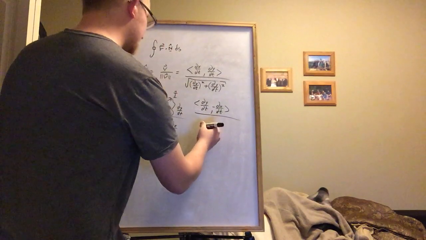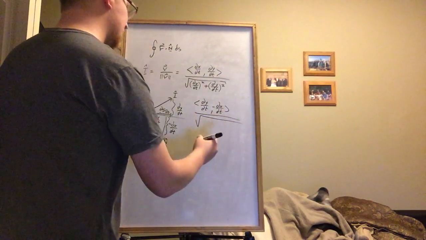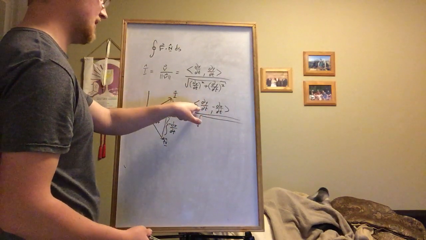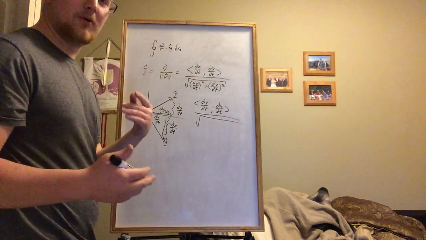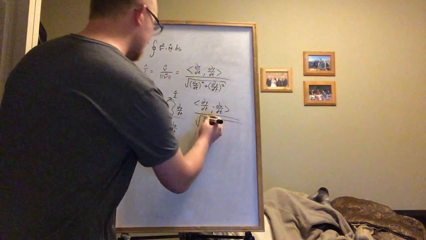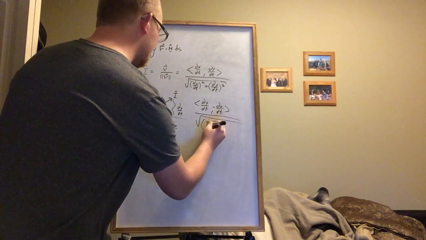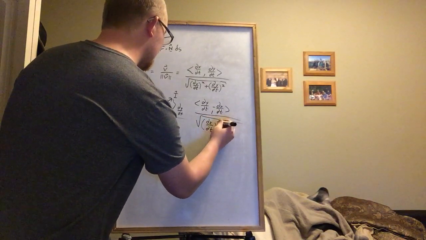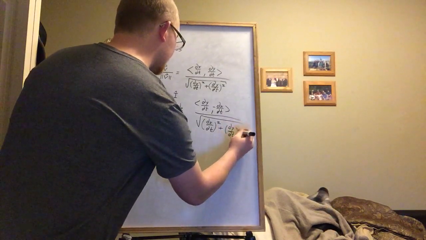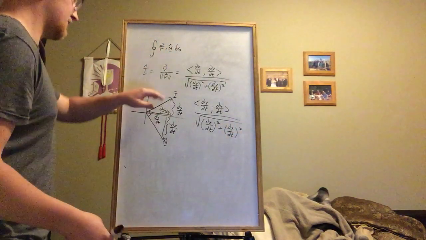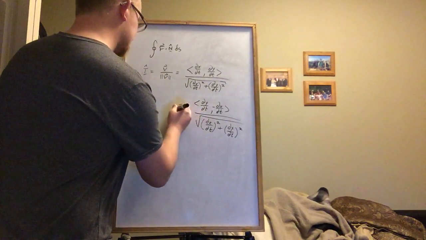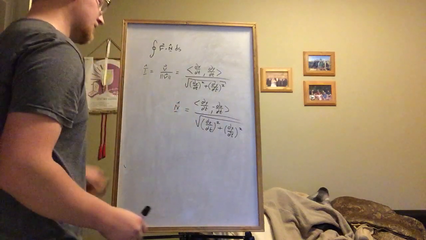Divided by, now it's actually going to be the magnitude of this. However, you'll notice that if dx/dt gets squared and dy/dt gets squared, it doesn't matter if it was negative, so it's still the same denominator here. Alright, so now that we have that settled, this is a substitution for the unit normal vector.